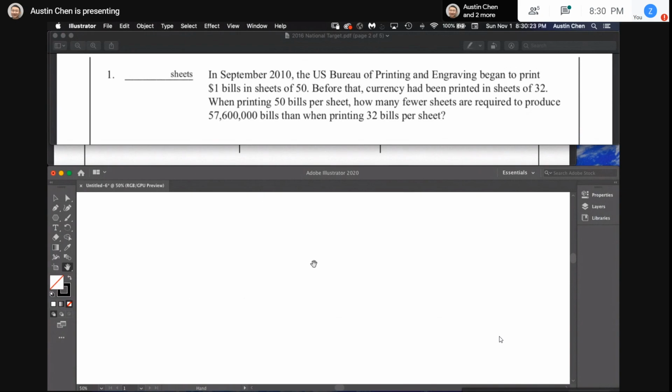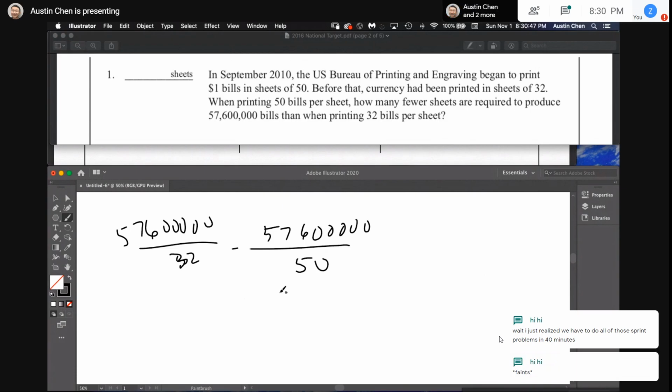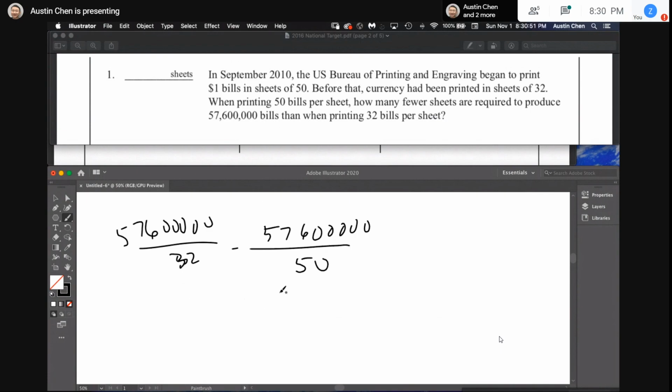You're just going to divide this number by 32, and then subtract it from this number divided by 50, right?